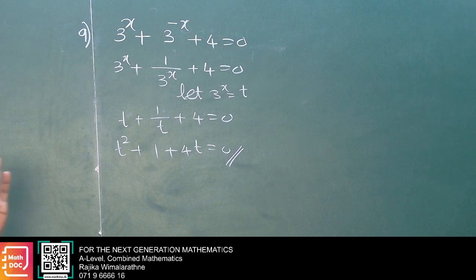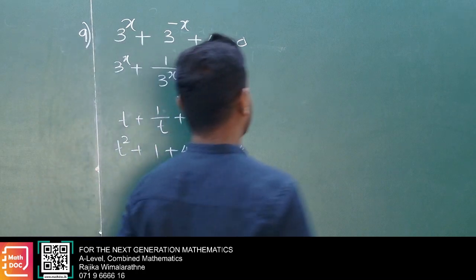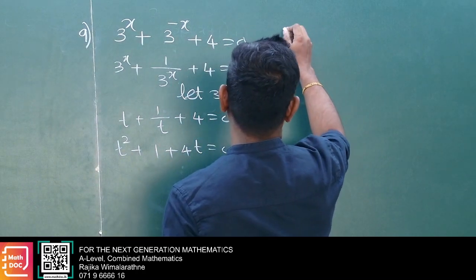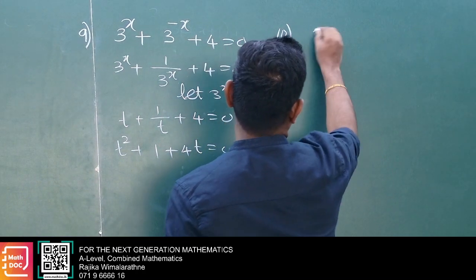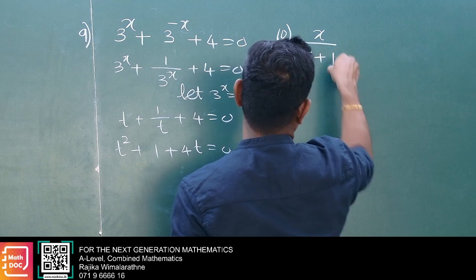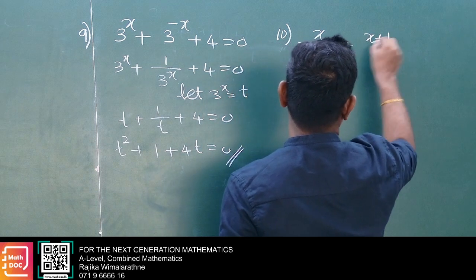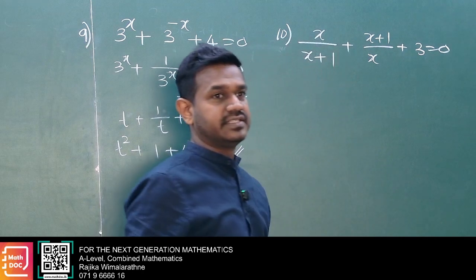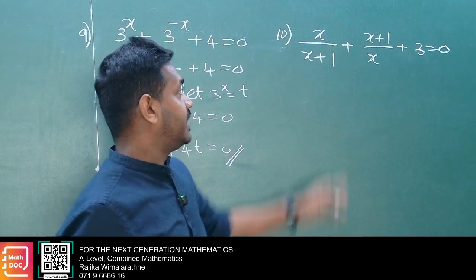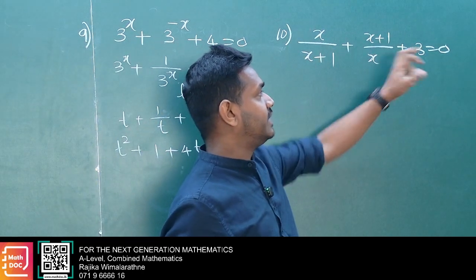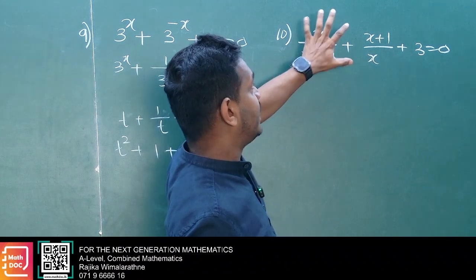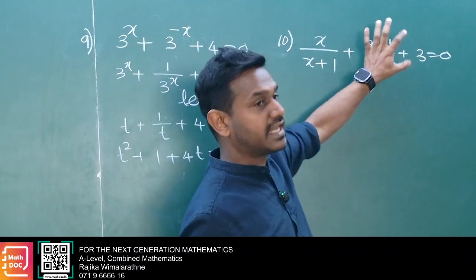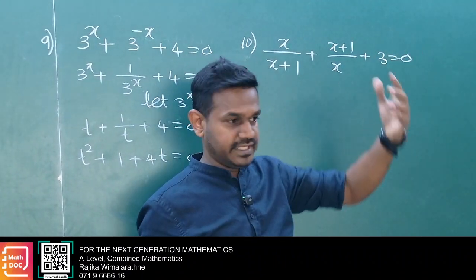Okay, now see this one, the 10th one: x over x plus 1, plus x plus 1 over x, plus 3 equals 0. Here, if you take x over x plus 1 as t, this will be its reciprocal, no? 1 over t.